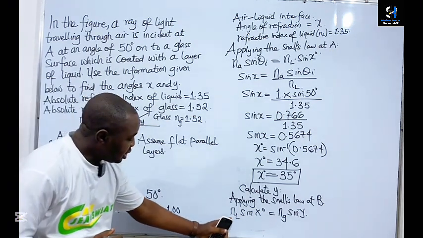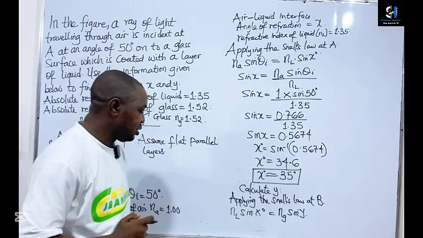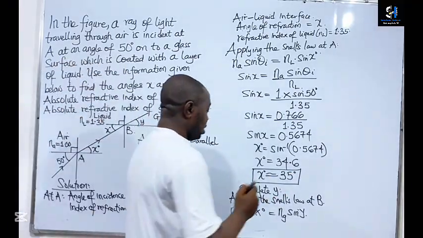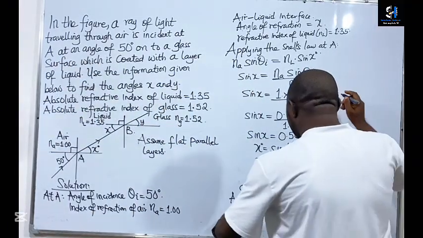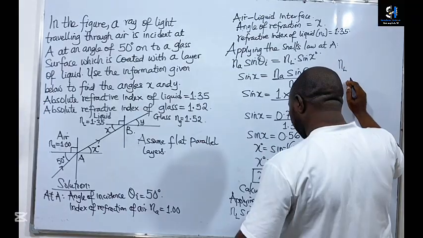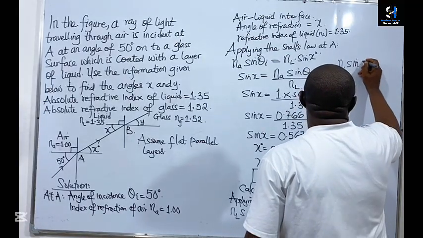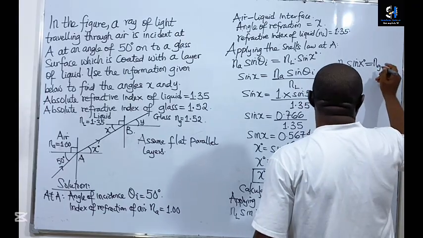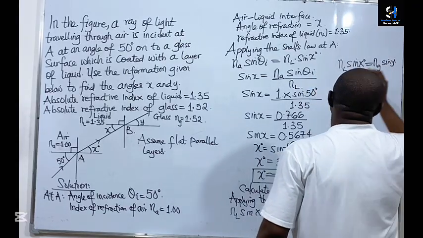So this angle is 35 degrees, or I'm going to use 34.6. We can write n subscript L sine x equals n subscript G sine y.